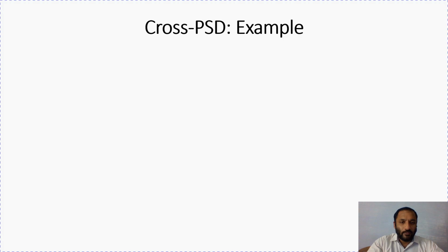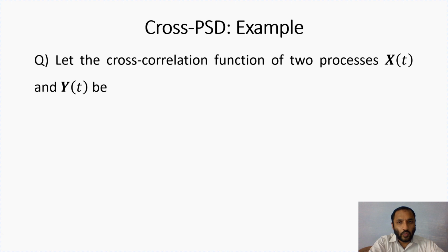So first of all, let us go through an example of the cross PSD, the power density spectrum that is defined between two processes x of t and y of t.